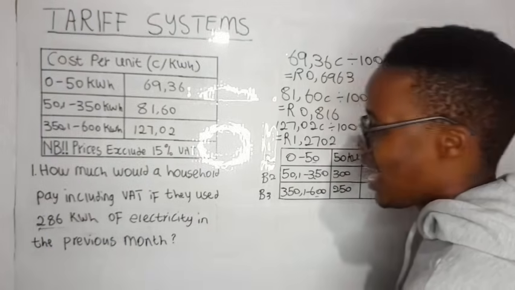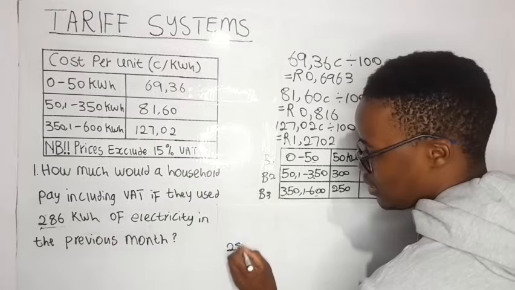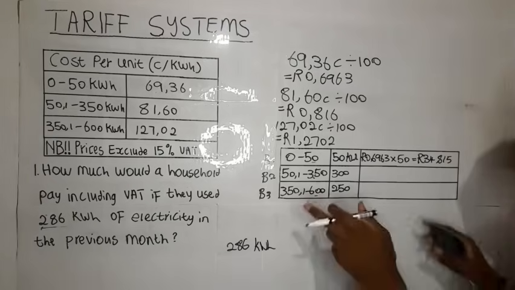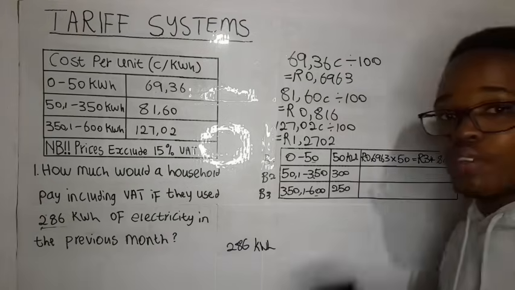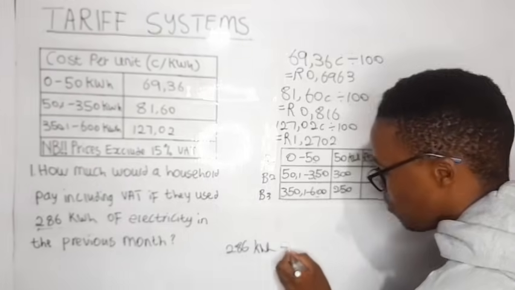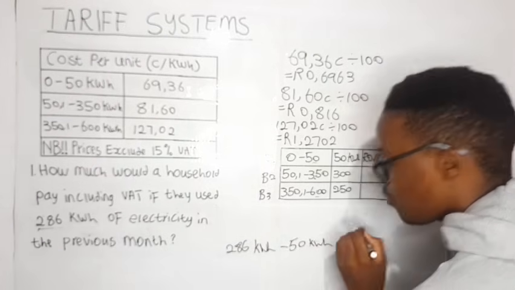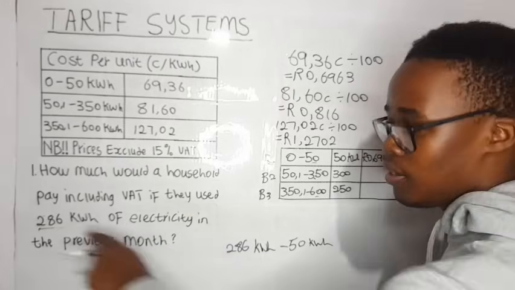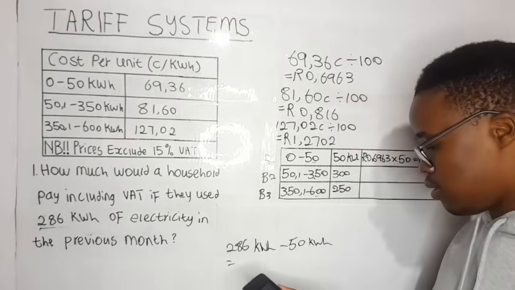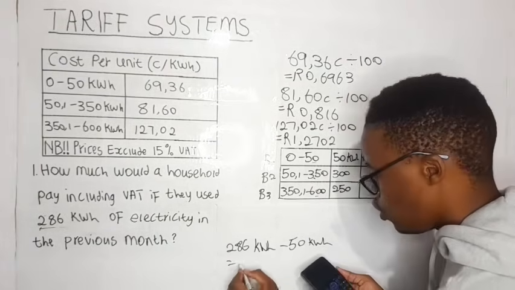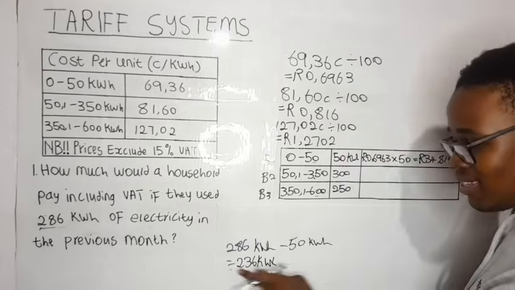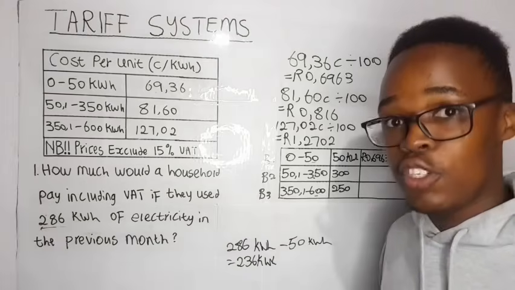You're going to say 286 kilowatts minus 50 kilowatts because you have already determined the price for the first 50 kilowatts. So you minus the 50 kilowatts from the amount of kilowatts that we have been given in the question. When you say 286 minus 50, it gives you 236 kilowatts.